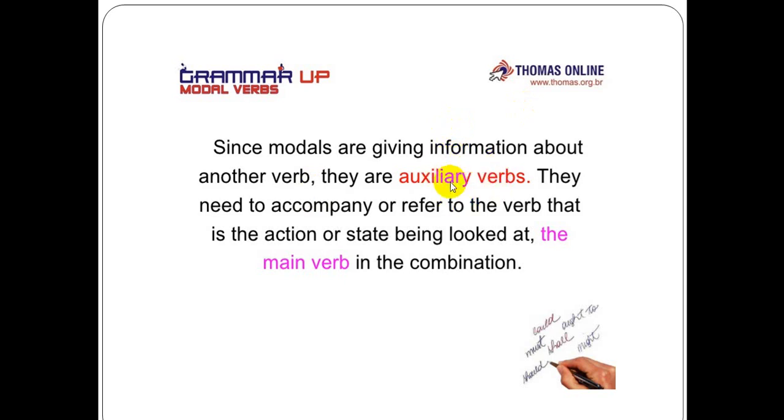They need to accompany or refer to the verb that is the action or state being looked at, which means the main verb in the combination.